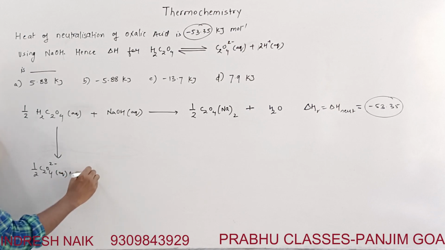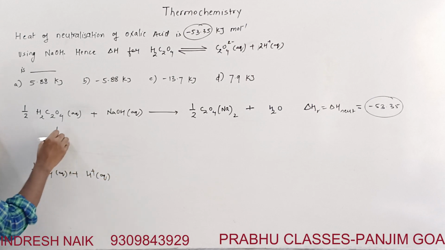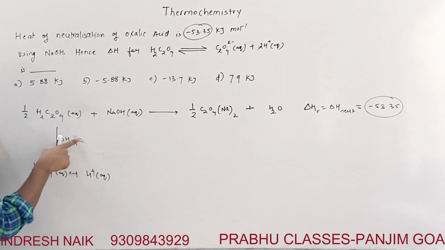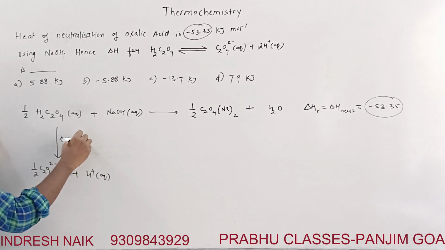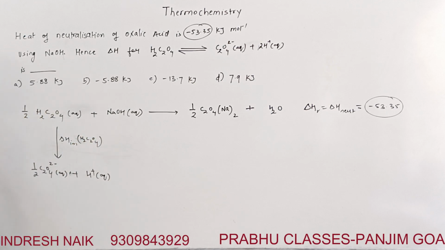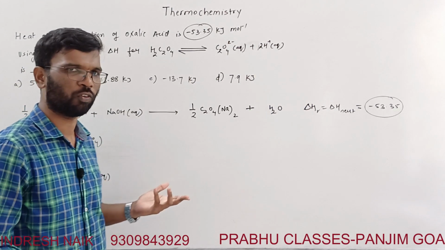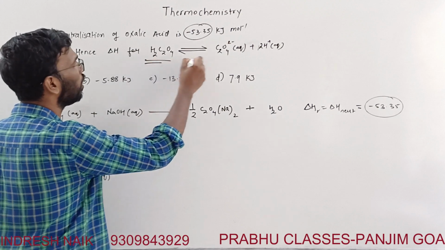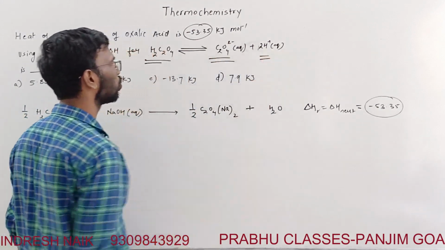If you write the enthalpy of ionization of H2C2O4, is this the thing we need to find, right? But is this what we were told to find? No, it is for 1 mole, and this is also 1 mole, and this is 2 mole.